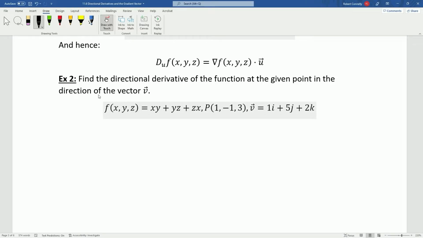Okay, so example 2, find the directional derivative of the function at the given point in the direction of the vector v. Okay, so the first thing we got to do is find our gradient of the function.